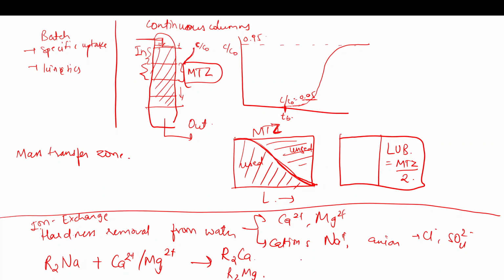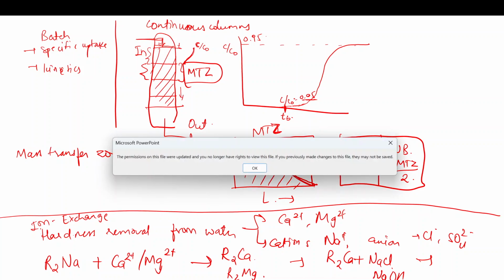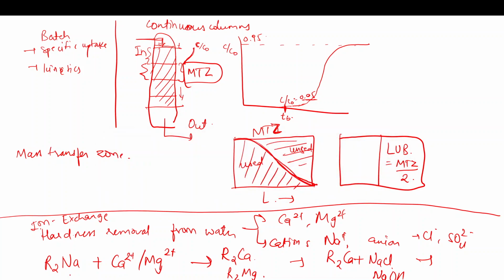And to regenerate this, again, you need to use some sort of sodium salt, NaCl or NaOH to regenerate the bed. Now, for anions, you can use some sort of resin where your R can be replaced. Okay, so that sort of pollutant resin can be used.